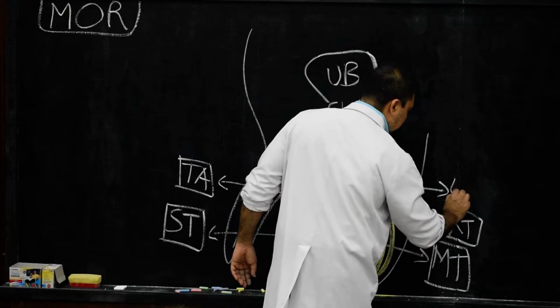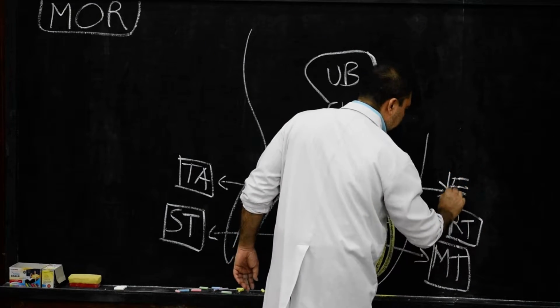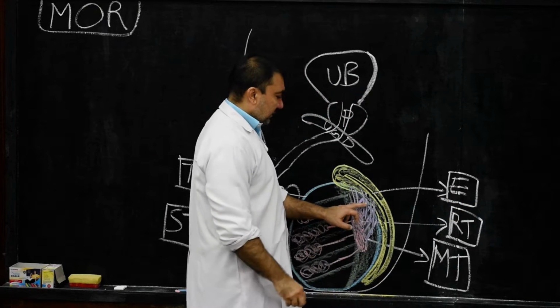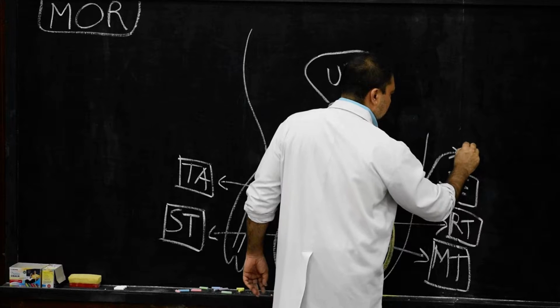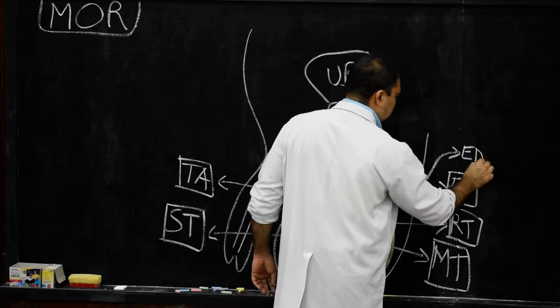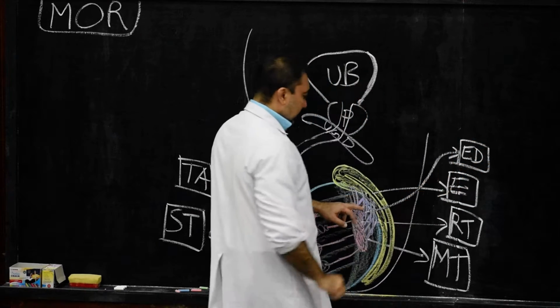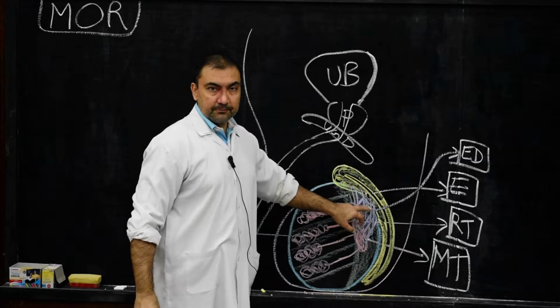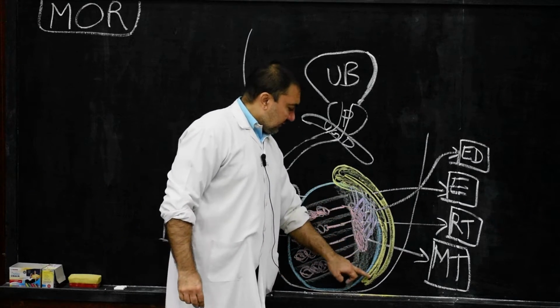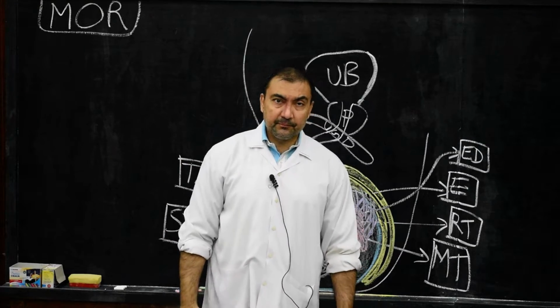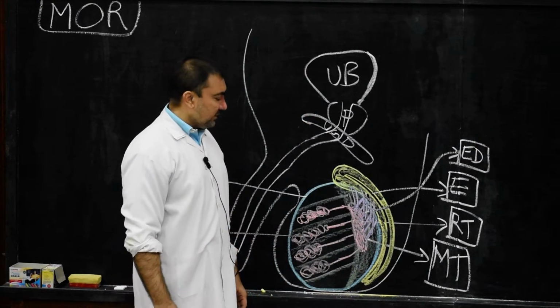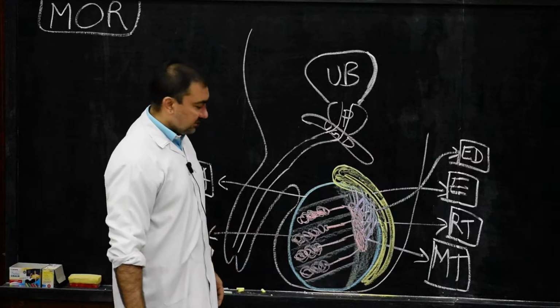So here this is the epididymis, and here we have to name these structures as the efferent ductules, 12 to 15 efferent ductules. The tail of epididymis will continue as vas deferens, and that vas deferens will be 45 centimeter or 18 inches in length.